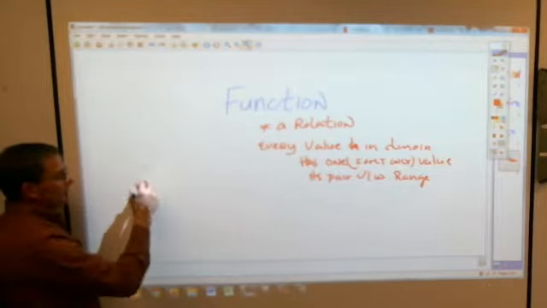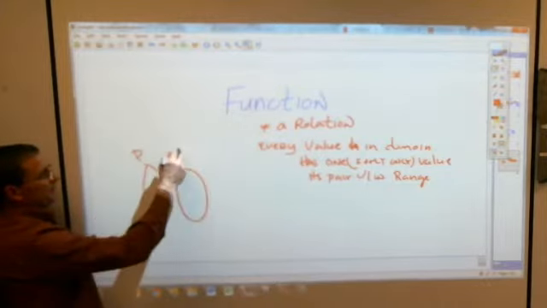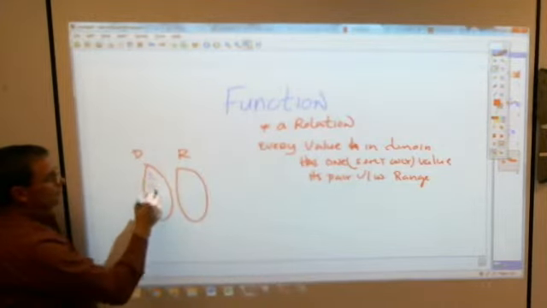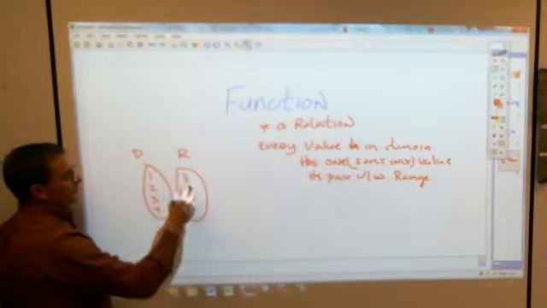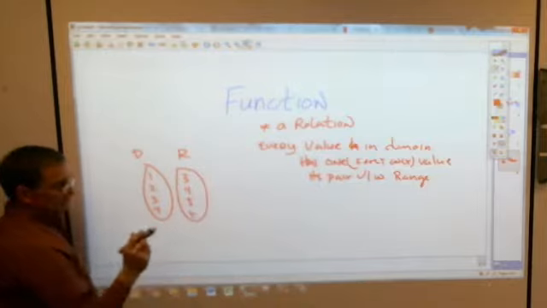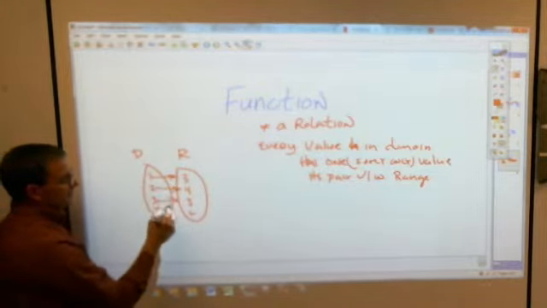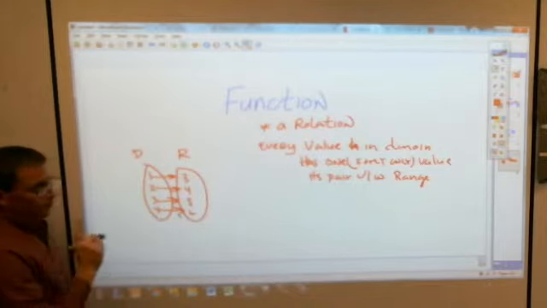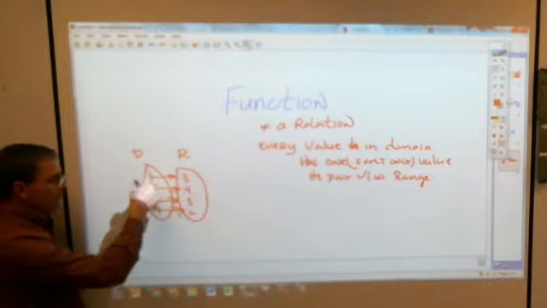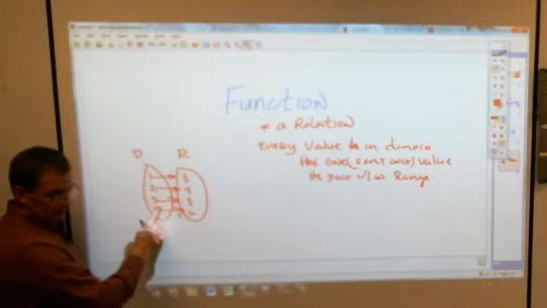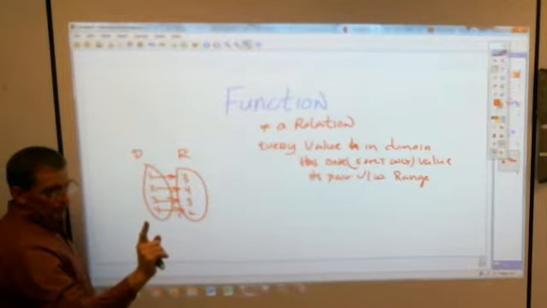I'm going to give you two examples here. Here's our mapping of my domain and my range. Let's say I have 1, 2, 3, 4, and I have 3, 4, 5, 6, and it doesn't matter how I got this. It doesn't matter that you can't come up with the equation that this works for. The rule for a function is that off of every domain, you only get one arrow coming off of it.